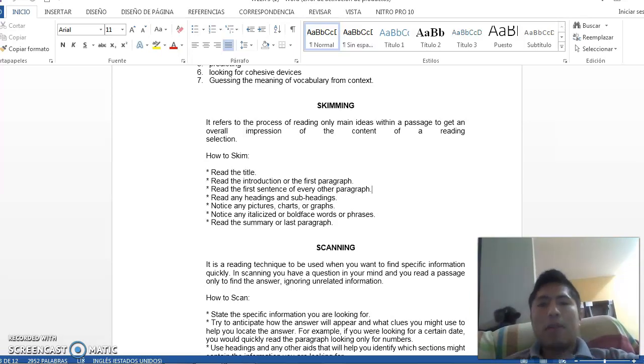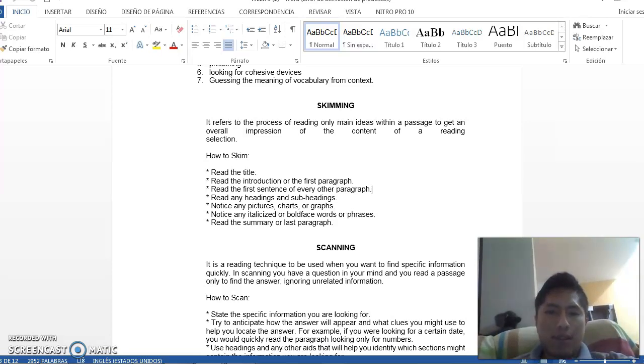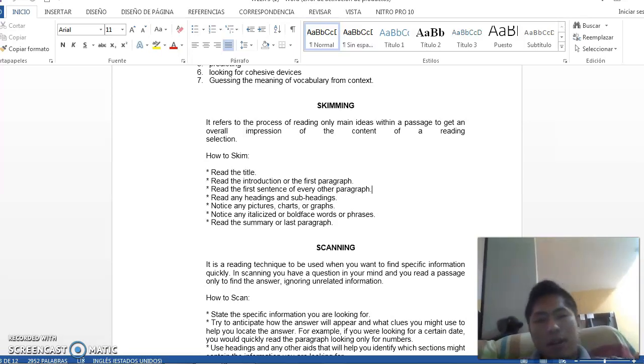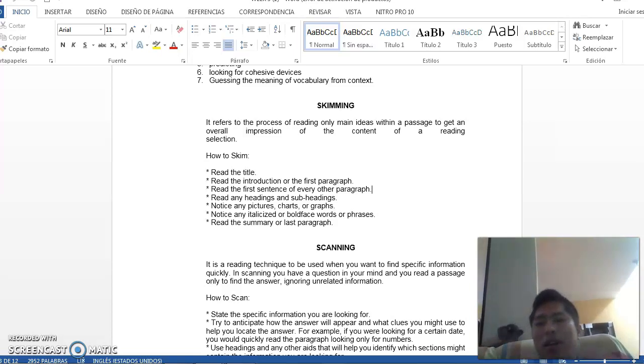Here you can see: read the title, read the introduction of the first paragraph, read the first sentences of every other paragraph, read any heading and subheading, notice any pictures, charts and graphs, and more. And maybe the last one says read the summary and the last paragraph. Yes, of course. The idea here is that you see one word, maybe the title or subtitle, and you can get a previous idea about the general topic.